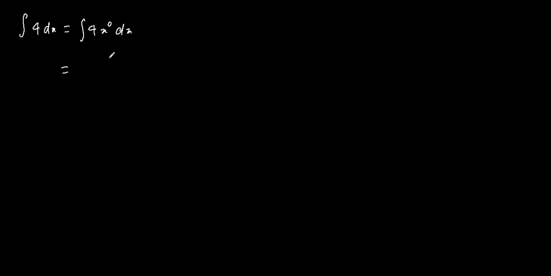Now I add the power, so I get 4x all over 1, which is just 4x. So the integral of 4 just gives me 4x plus c. Remember the plus c. Whenever you're doing the indefinite integral, you always have to have the plus c. Just keep that in mind.